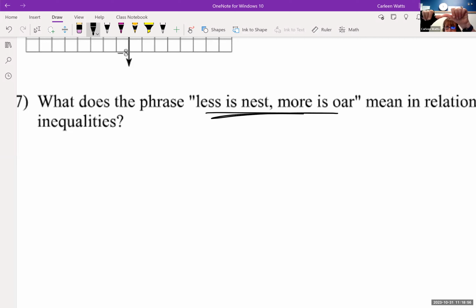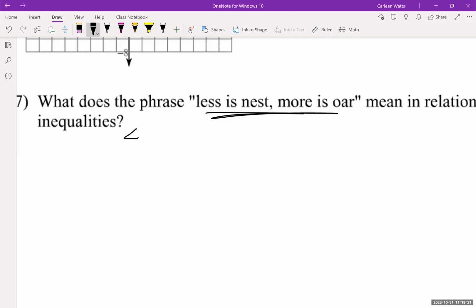If it's less than, the graph is going to look like this. That's going to be our parent graph. More is or. See how I have ors? Less is nest, more is or.